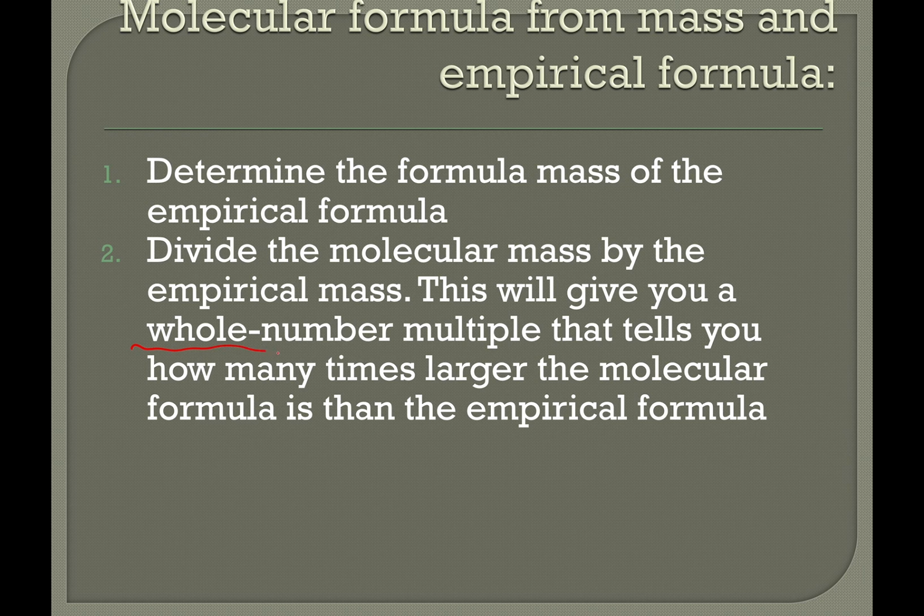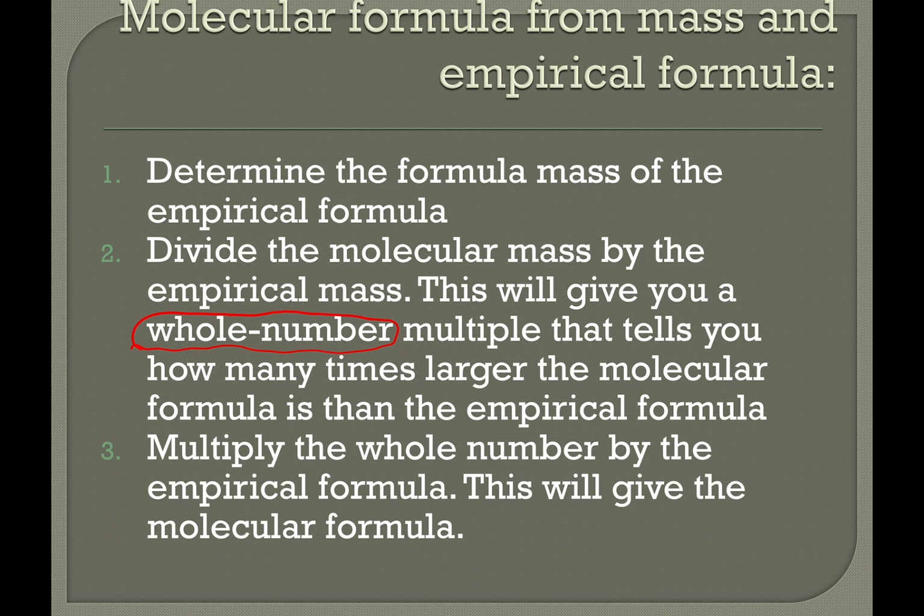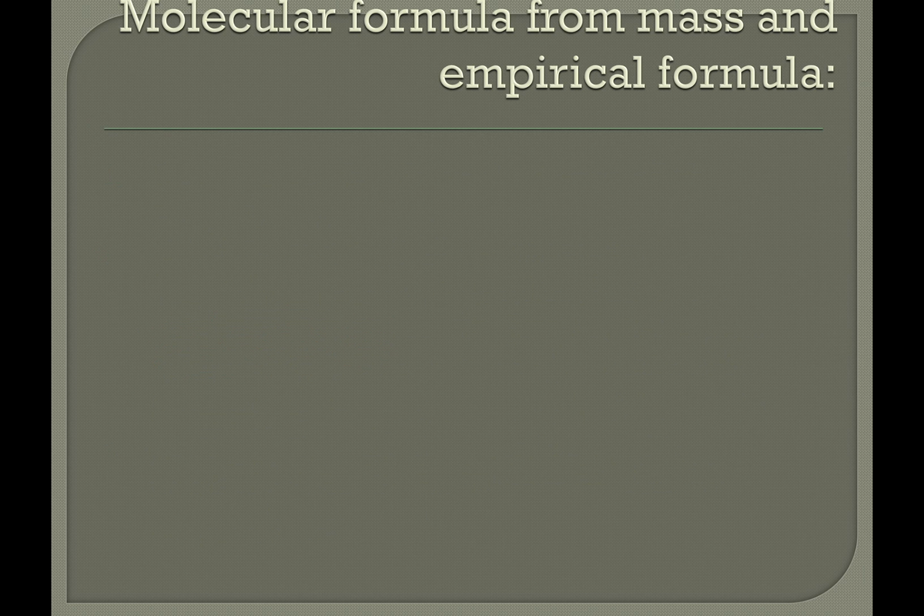It doesn't have to be necessarily, but that's what we deal with in Regents chemistry. That'll tell you how many times larger the molecular formula is than the empirical formula. We then just take that whole number multiplier, like we saw on the previous slide, and multiply it across the empirical formula, and it will give us the molecular formula.